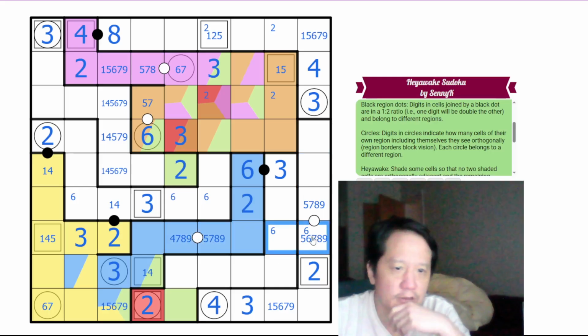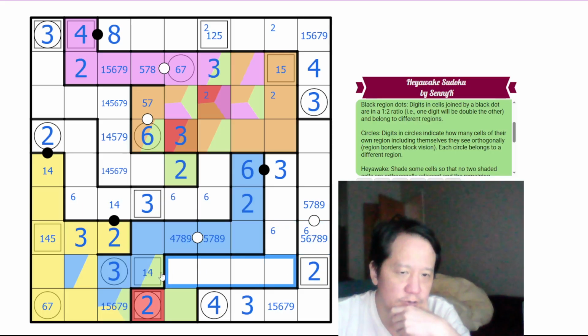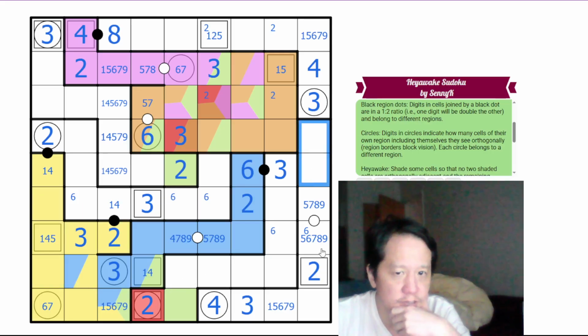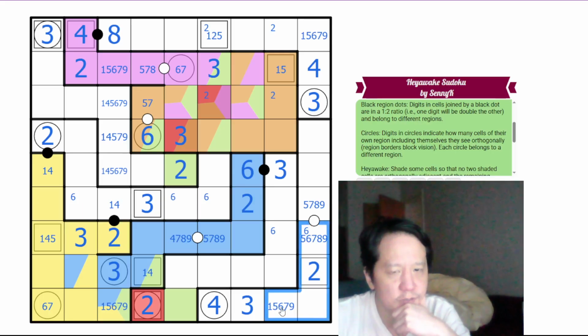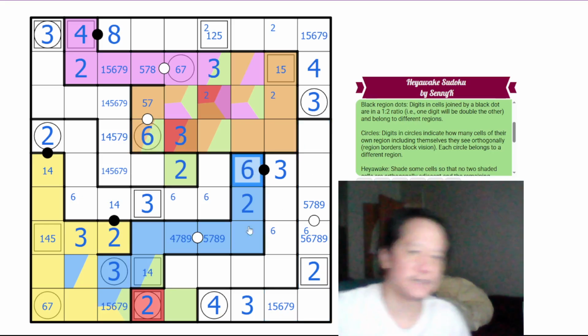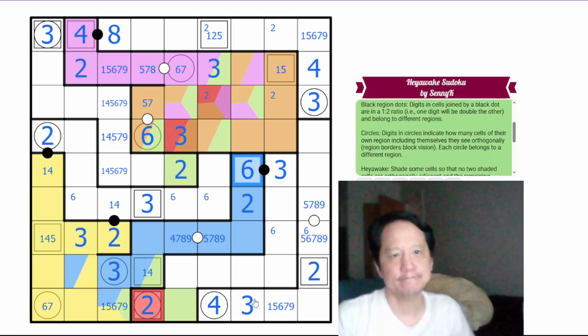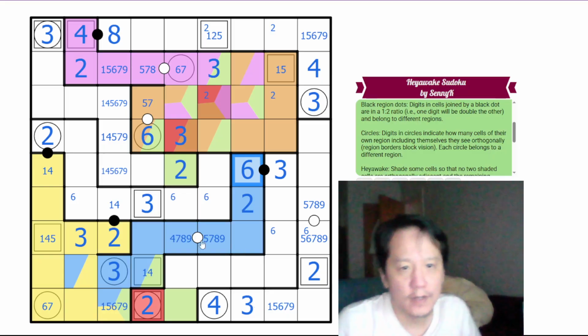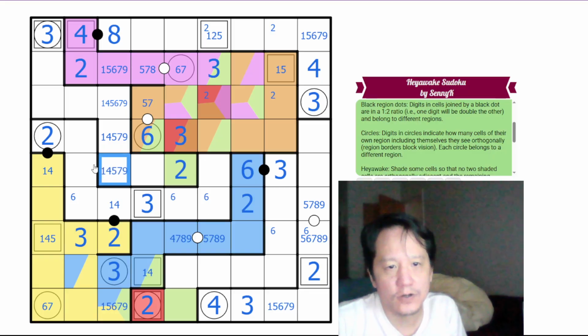So here we have 6 as part of one of these 2 regions. 6 is part of this region or yellow. Oh, well, yes. So 6 is one of these 3 cells in this lower right-hand region, because that's 6, that's 6. This can't be 6 here.